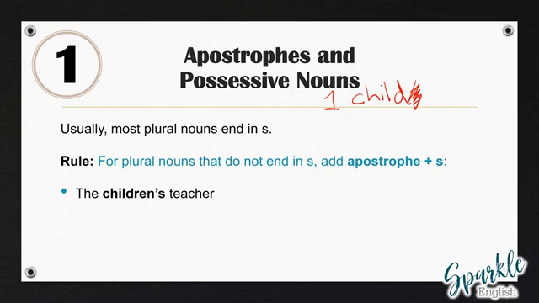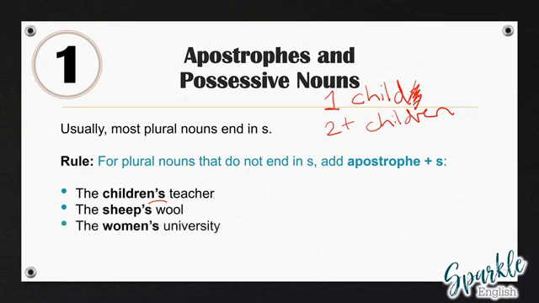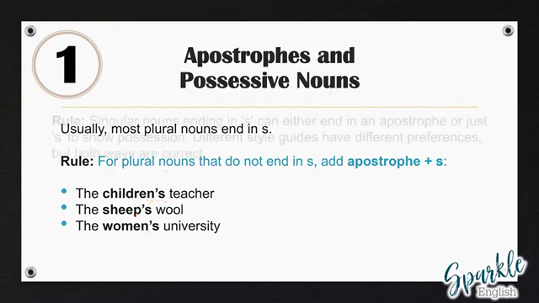Child is one, and then if there's more than one, two plus, we say children. So the children's teacher, the sheep's wool, the women's university. Okay? So because all of these plural nouns do not end in S, this ends in a P, this ends in an N, we can add the normal apostrophe S.